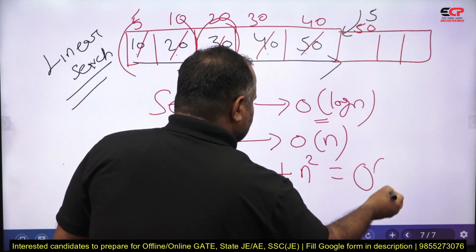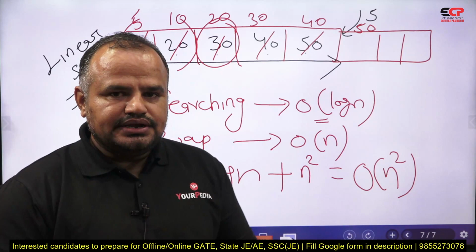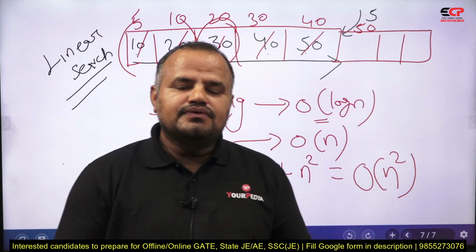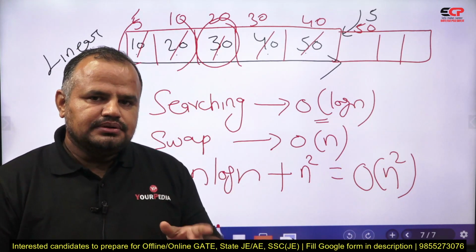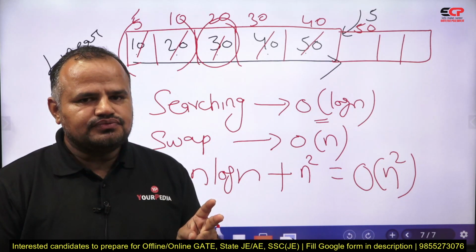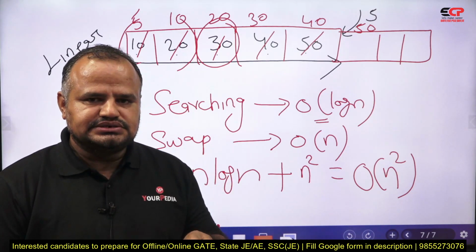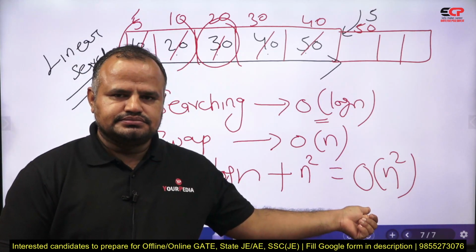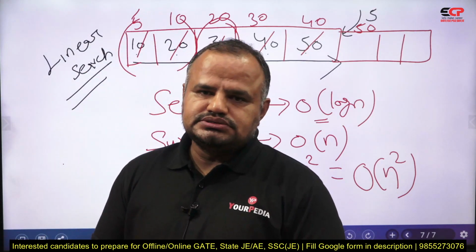So again we conclude that it will still take n square time asymptotically, but yes, we reduce some number of comparisons. So my dear students, in insertion sort, best case omega of n, worst case big O of n square, and if we use binary search instead of linear search, then again my time complexity will be n square. So you may face many problems which are totally based on insertion sort.